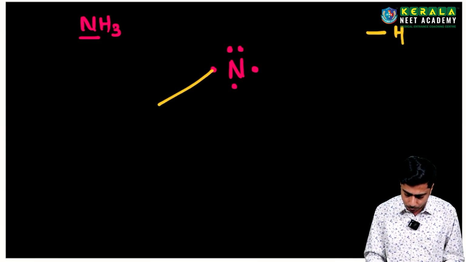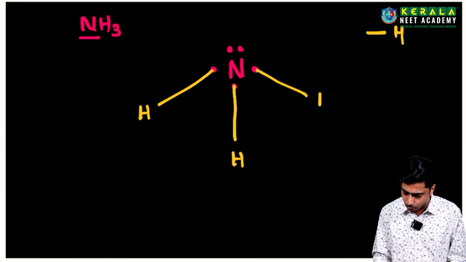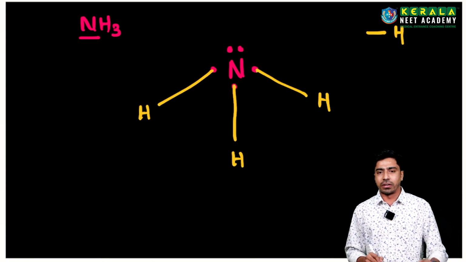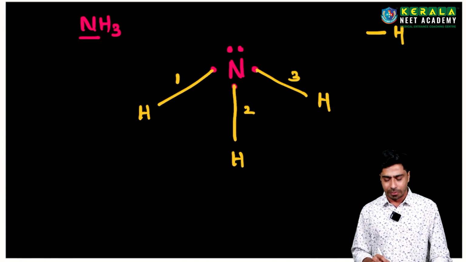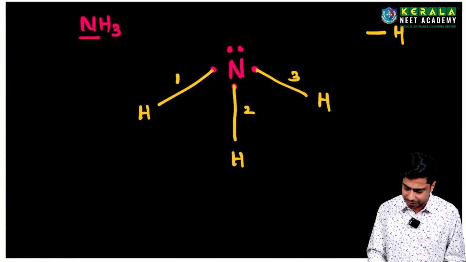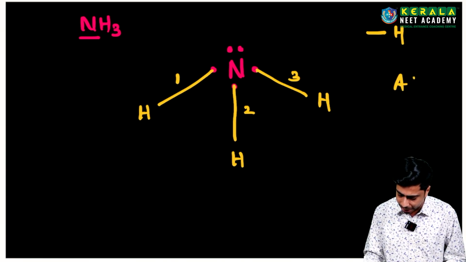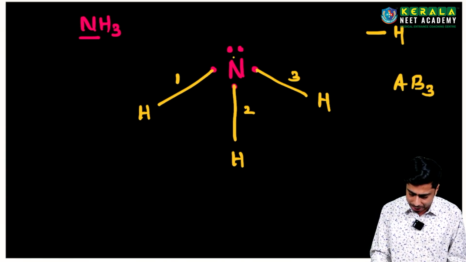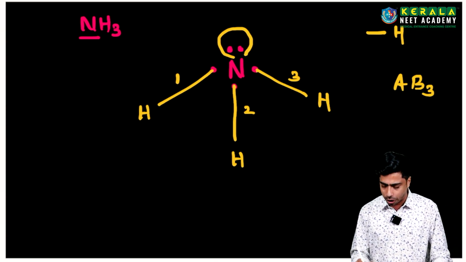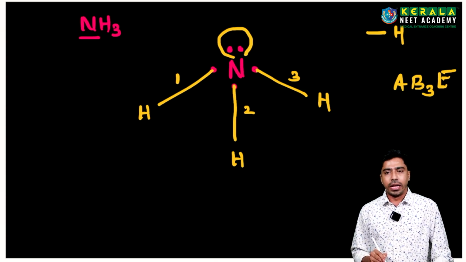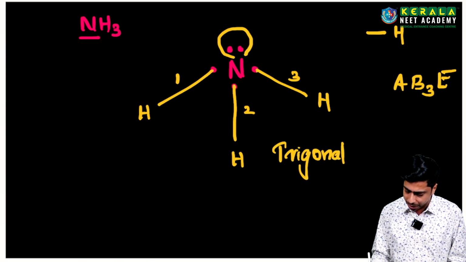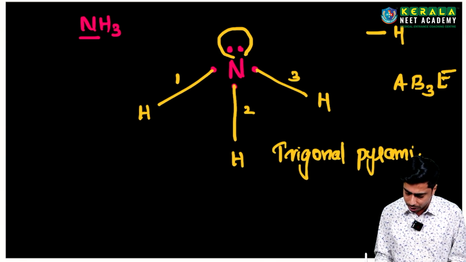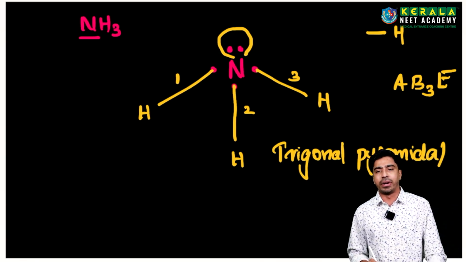One electron is bonded with one hydrogen, the second with the second hydrogen, and the third with the third hydrogen. As a result, 3 bond pairs are developed. If A is nitrogen and B is hydrogen, it will be AB3, and the remaining electrons form one lone pair. So it is AB3E type, which means the shape will be trigonal pyramidal. So the ammonia molecule has a trigonal pyramidal shape.